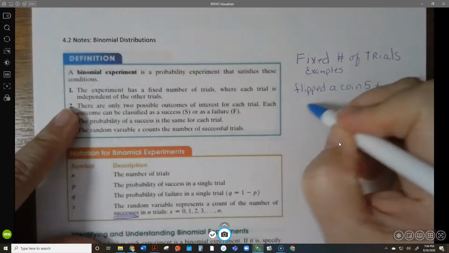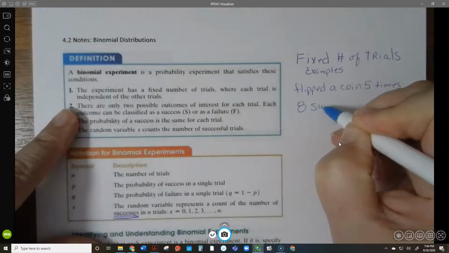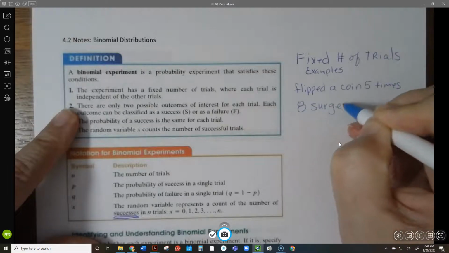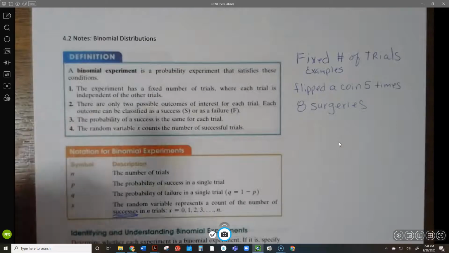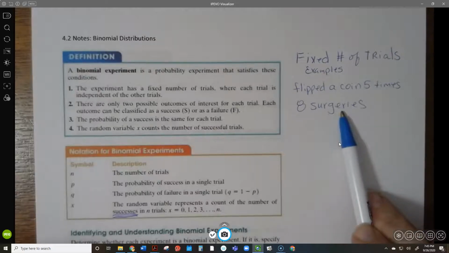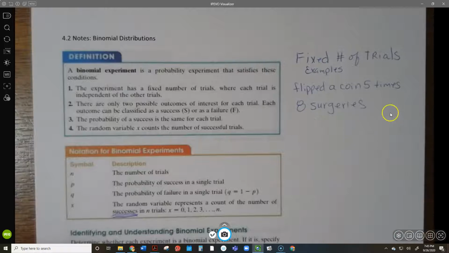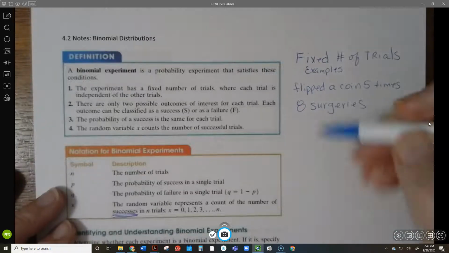The next one is a surgeon performed 8 surgeries. A surgeon has 8 surgeries to perform one day. That is a fixed number of trials. Each surgery is considered a trial.